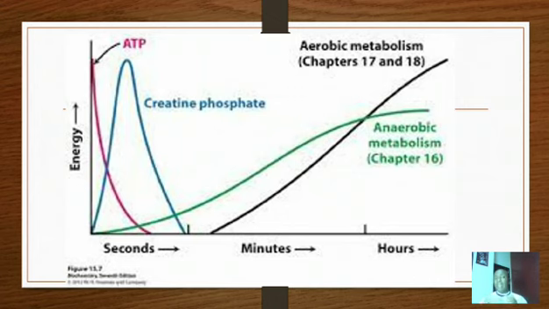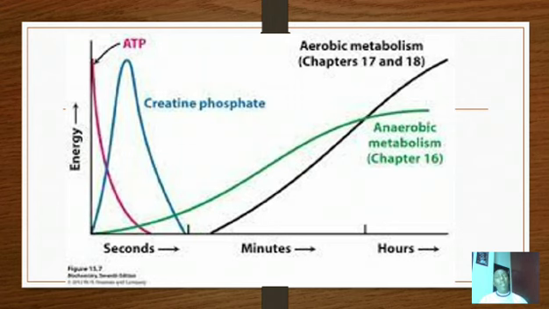Because its energy supply only occurs for seconds. Phosphocreatine cannot provide energy for a long period of time. No, it only provides energy for a short period of time, only seconds. That is why we see that there is a rapid production of energy for creatine phosphate within a short period of time, and then it rapidly decreases.